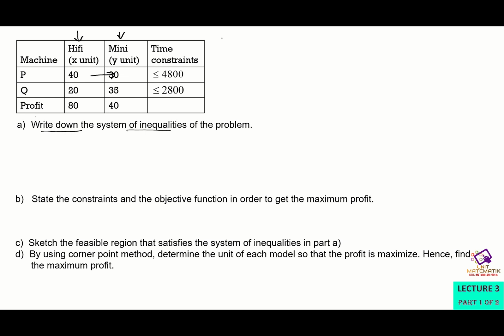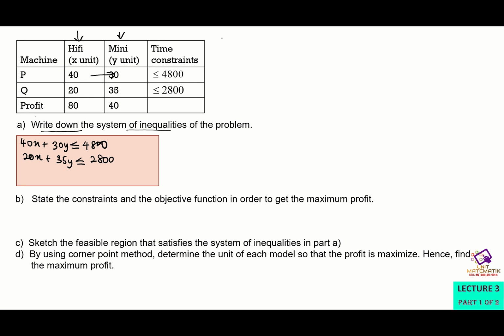Okay, add them across the column. So you will get 40x plus 30y less than or equals to 4,800, and then 20x plus 35y less than or equals to 2,800.